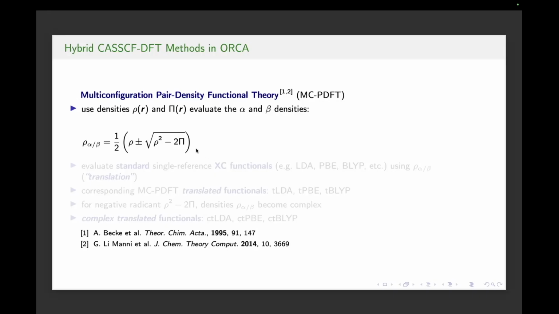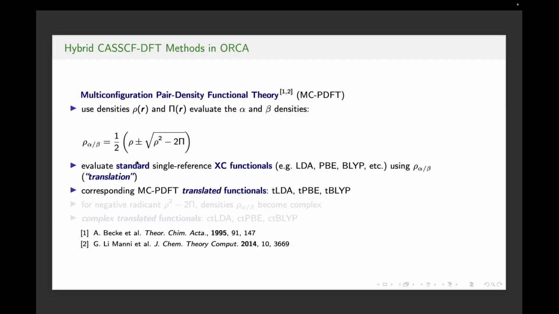However, this trick gives us the possibility to evaluate the exchange correlation functionals that were designed for single reference theories with the alpha and beta electron densities that we get from CAS-SCF. If you use these alpha and beta densities to evaluate the single reference exchange correlation functionals, this is called a functional translation, and the functional is preceded by a small t.